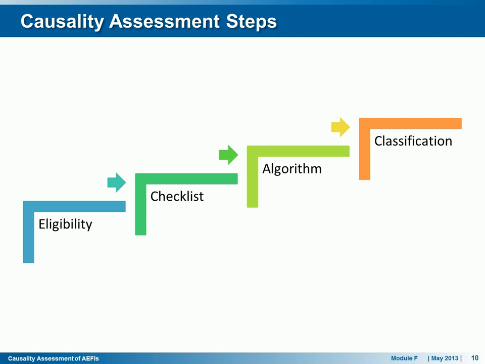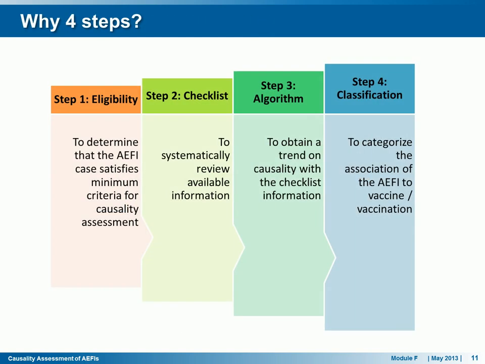Now let's come back to the 4 steps for causality assessment and see why exactly we need to have these 4 steps. Step 1, eligibility, is required to determine that the AEFI case satisfies a minimum criteria for causality assessment.